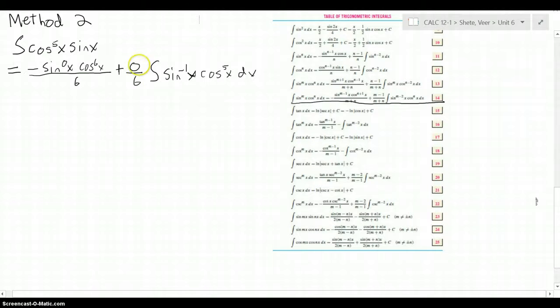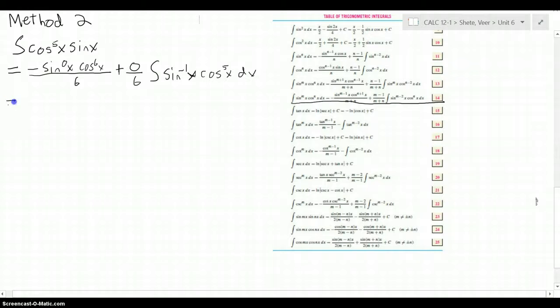Now, if we examine this equation, as I stated prior, this negative is on the outside of the entire fraction, but this sine to the 0x here will result in multiplying this function here, cos 6x, by 1, as this value will become 1. Additionally, multiplying the 0 over 6 times this integral portion of the reduction formula will result in this entire portion of the equation here equaling 0.